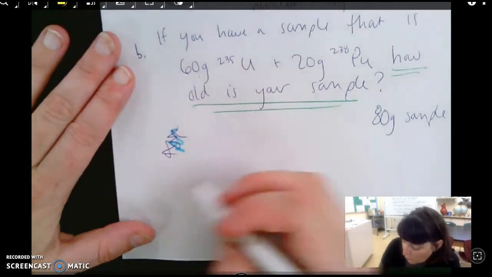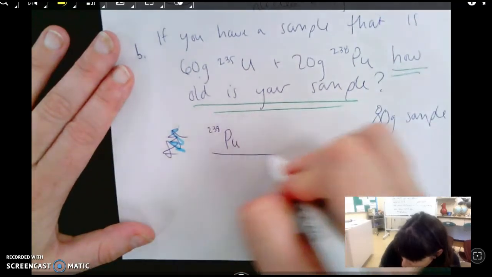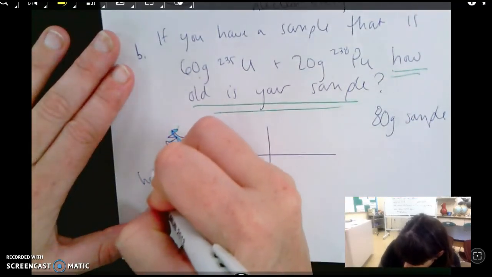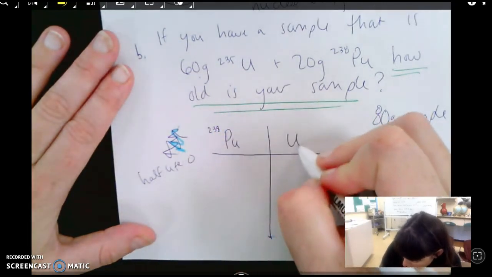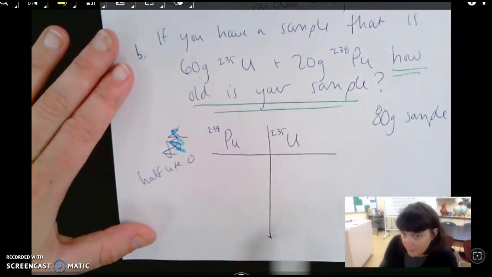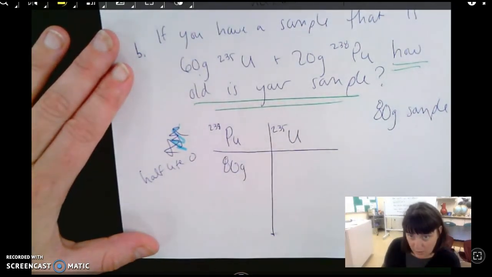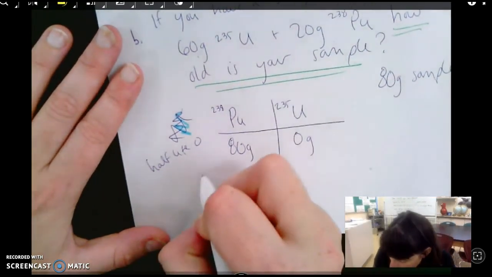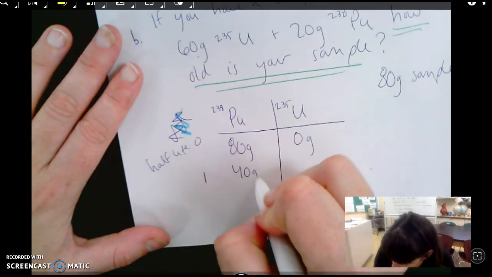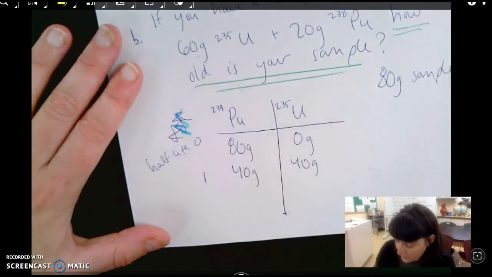So that means that when we started out, at half-life 0, I had 80 grams of plutonium-238 and 0 grams of uranium-235. After 1 half-life, I had 40 grams of plutonium-238 and 40 grams of uranium-235.